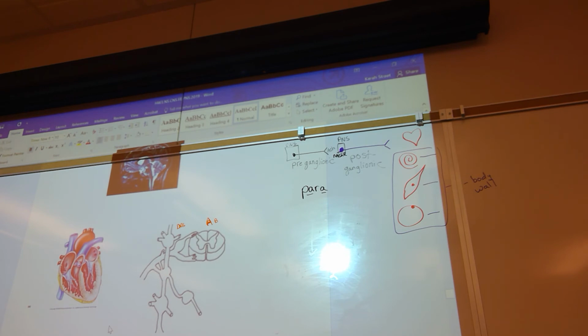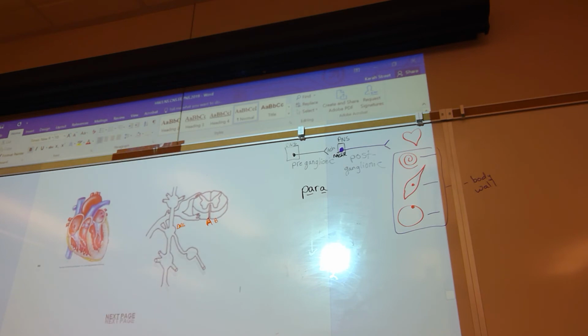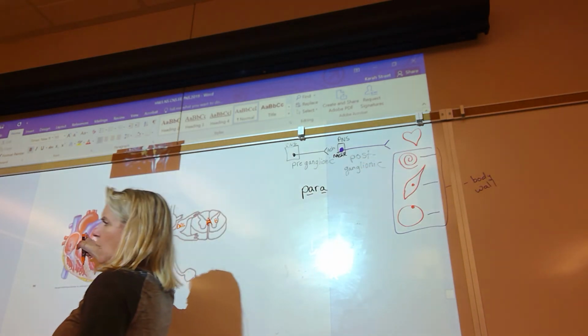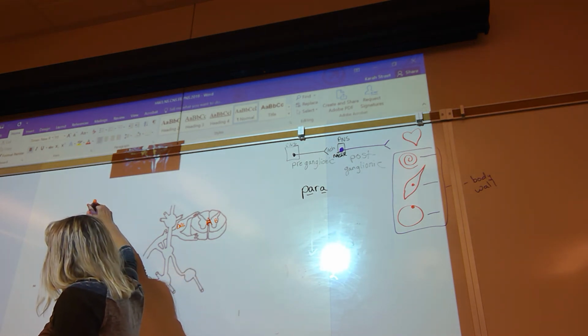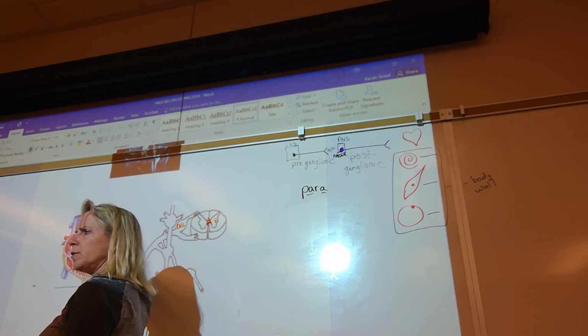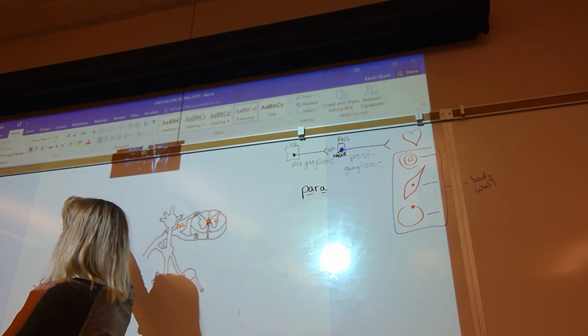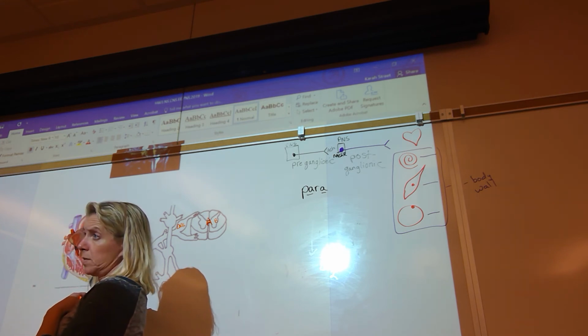Well, if I'm detecting blood pressure and I'm in the heart, it's baroreceptors that are in the aortic arch and carotid sinus. Carotid sinus is not shown here, but the aortic arch is.